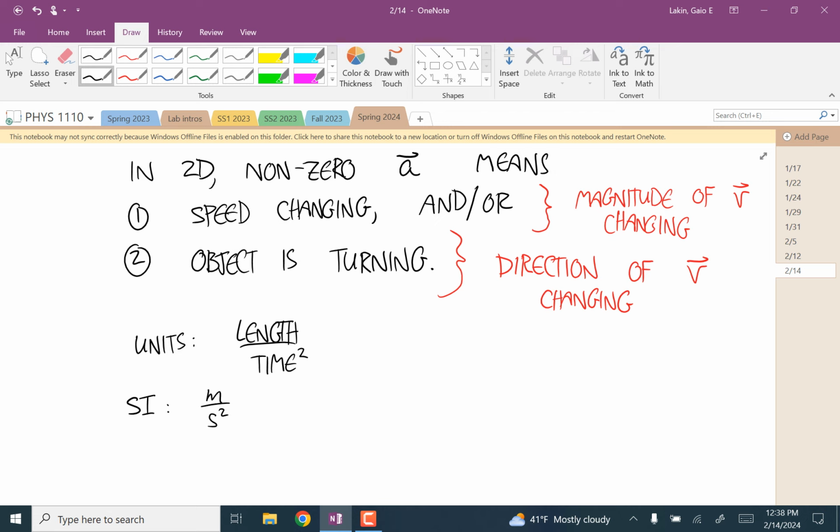And I've mentioned this once before, but if you can remember what the units are for the different quantities for position, velocity, and acceleration, it can make it a lot easier to make sense out of what information is being given to you in a problem, because you can just look at the units.